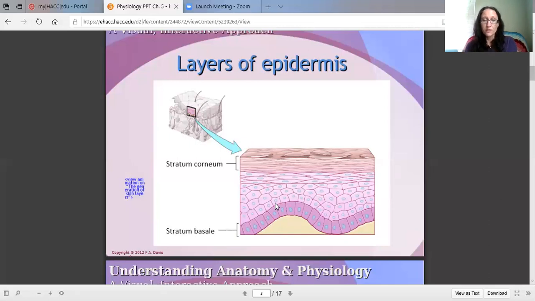In fact, if you ever had a paper cut and it bleeds, well, that's so shallow, right? But you hit the dermis because the epidermis doesn't have blood vessels. So you know you had to have hit the dermis because the dermis does have blood vessels. So again, very, very shallow here. Looks like a lot, but not really.